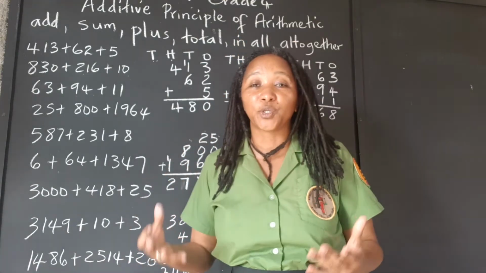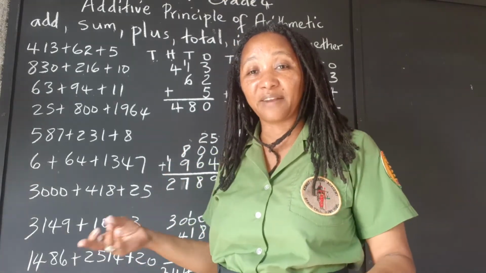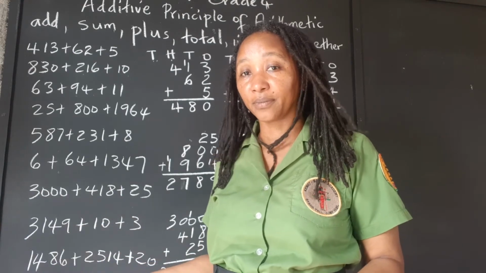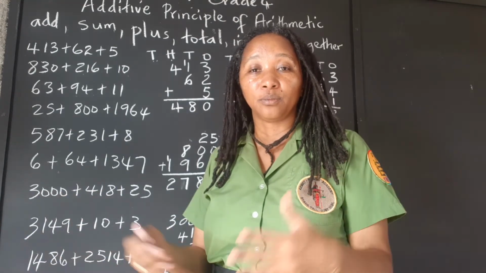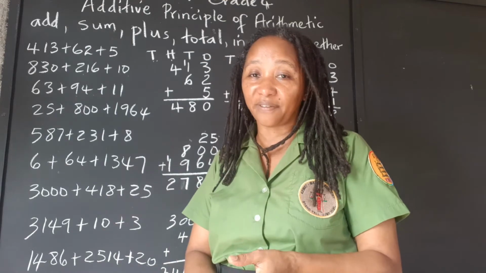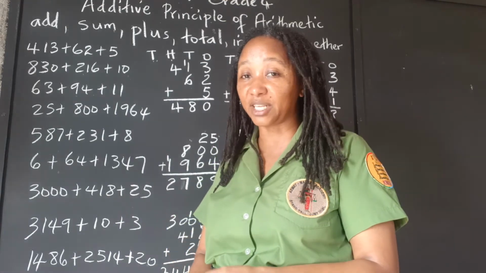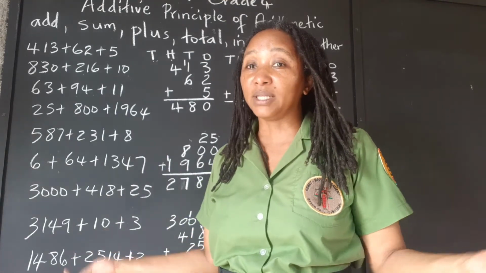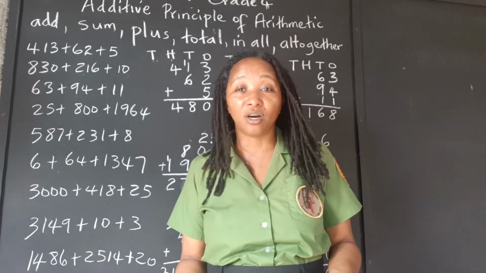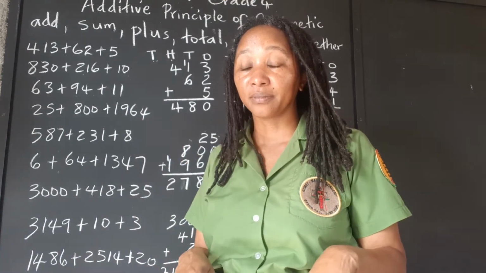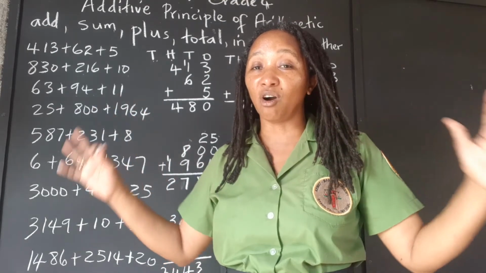So what is the total number of mangoes that fell from the tree? You add up those that fell in the morning, those that fell in the afternoon, those that fell in the evening. If you want to add how many mangoes in all did you eat, if you're like me, you ate all of them.